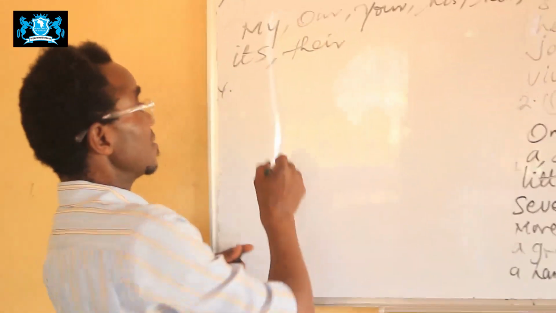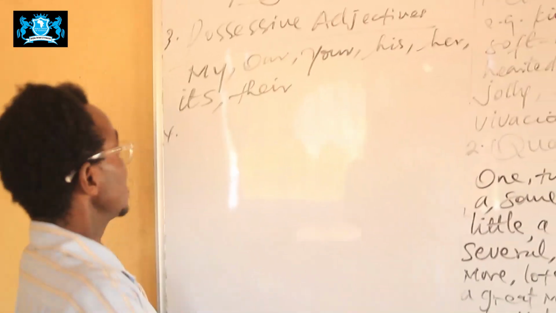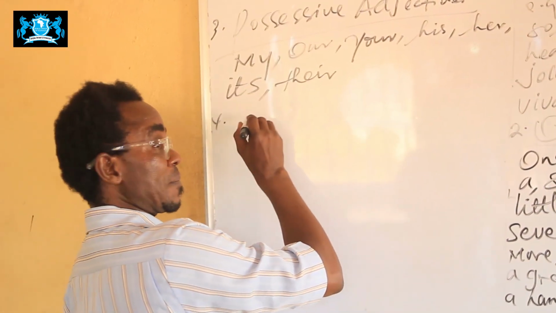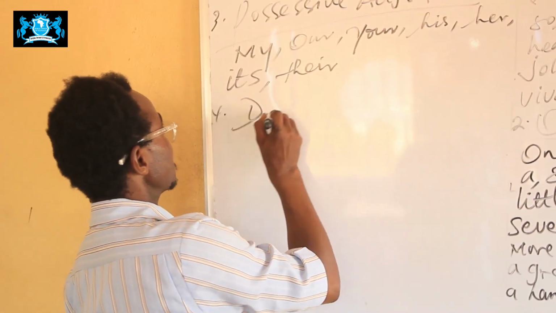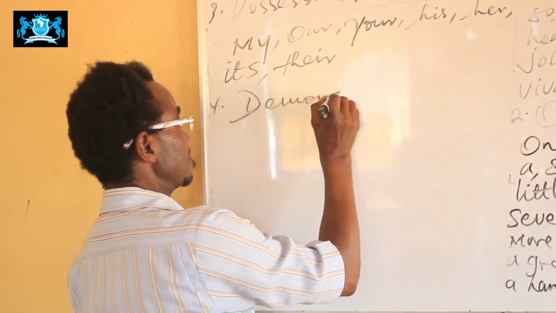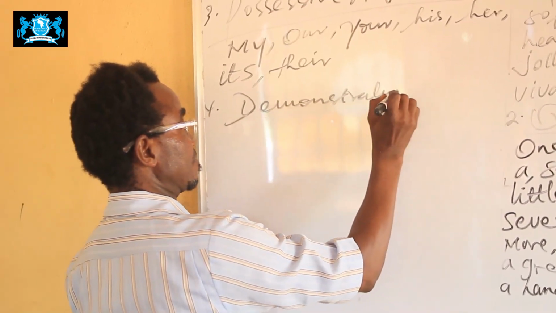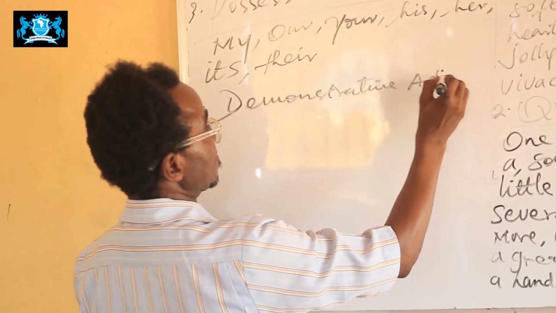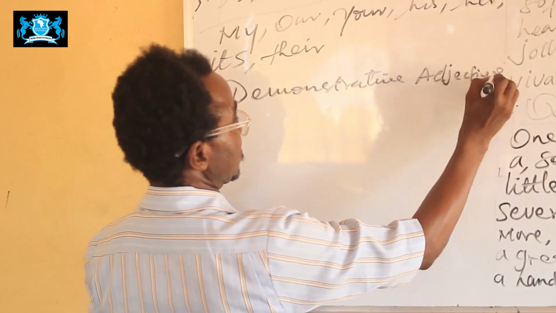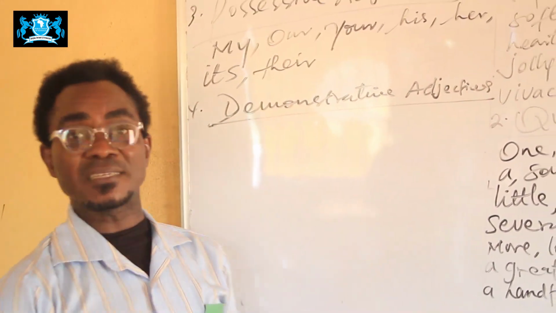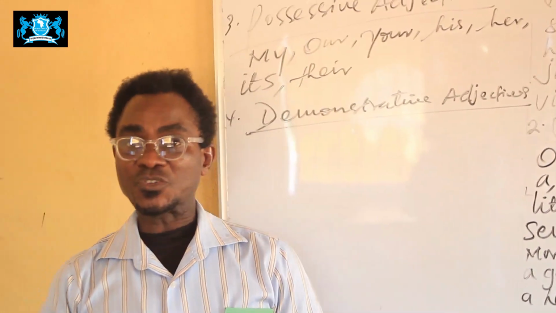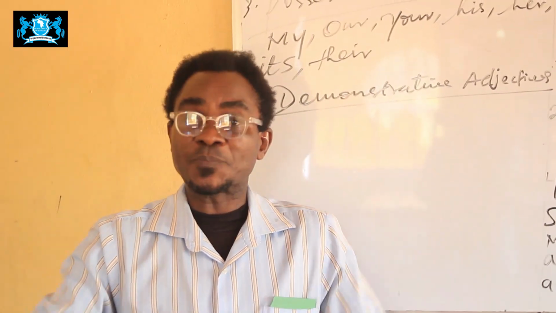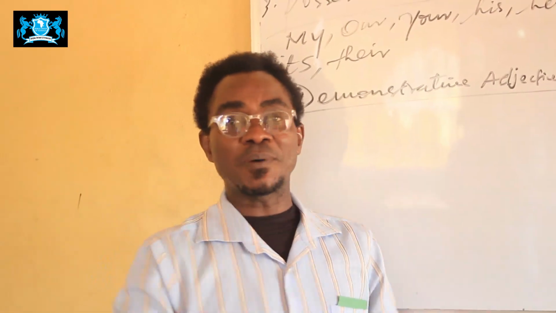Then, finally, we talk about two other kinds of adjectives. We talk about demonstrative adjectives. Adjectives that are used to point out something, to point out what we are speaking about.